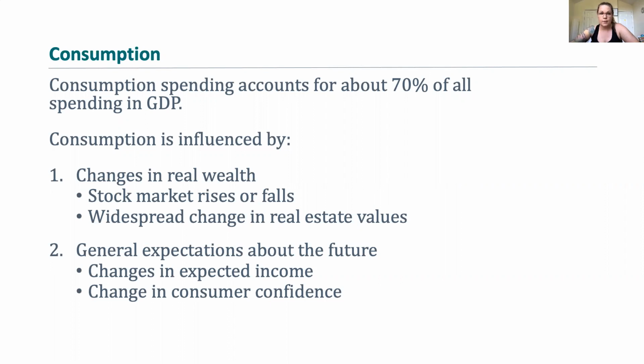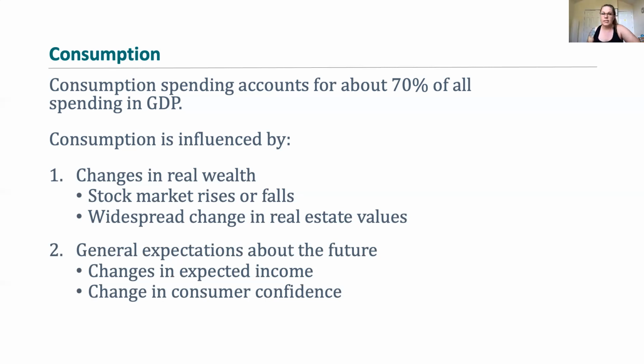For example, changes in real wealth might be a result of stock market changes. If stock market value rises, people feel wealthier and they buy more goods, which results in an increase in consumption and therefore a shift to the right of aggregate demand.